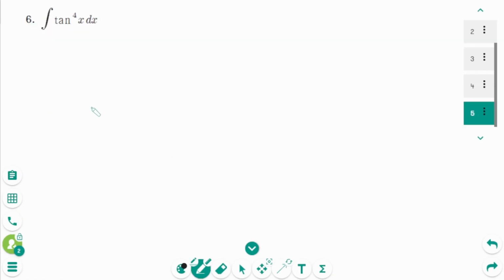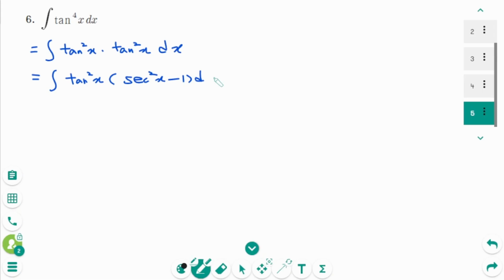This is the last one, question 6. Because there are no secant factors and the power of tangent is even, we save tangent squared x, so we can rewrite as the integral of tangent squared x times tangent squared x dx equals integral of tangent squared x times, use the trigonometric identity, we can rewrite as secant squared x minus 1 dx.